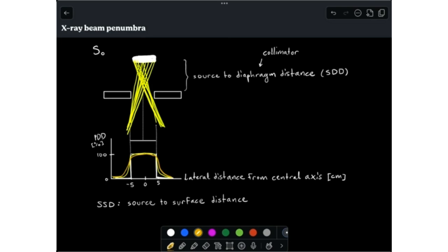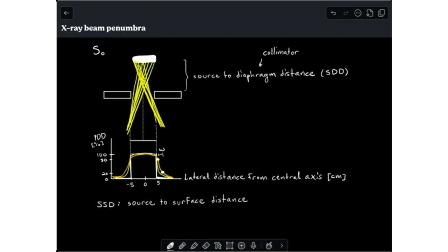In particular, the isodose values we tend to use to quantitatively distinguish between different penumbras are the 80% and 20% marks. On each side of the field, we can say that the width of the penumbra, we can call it W, is the lateral distance between those points.